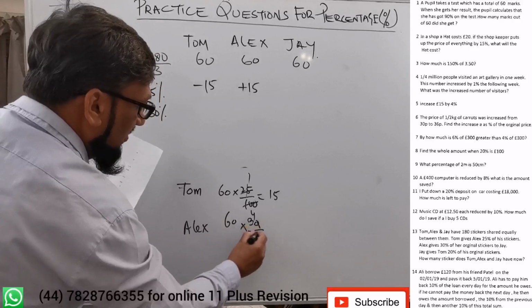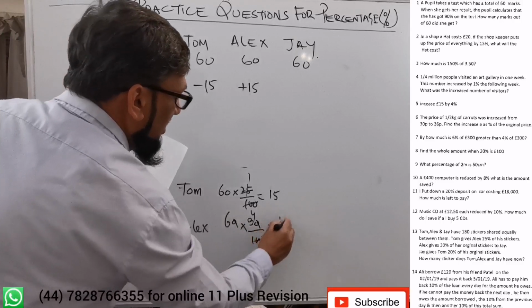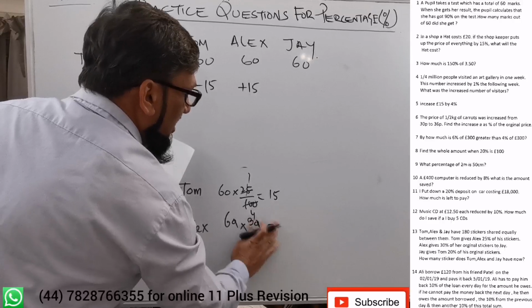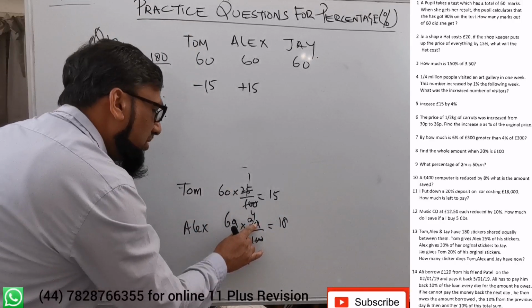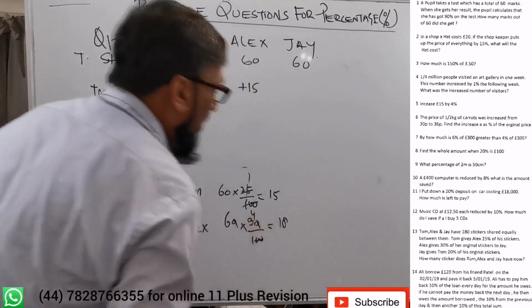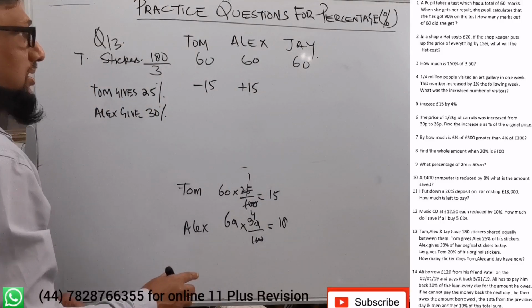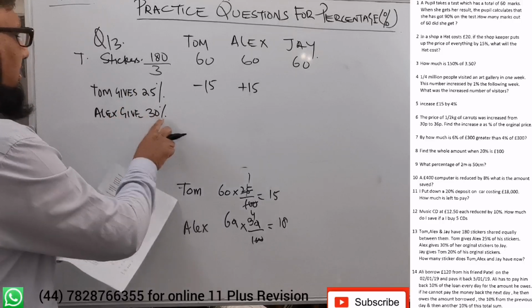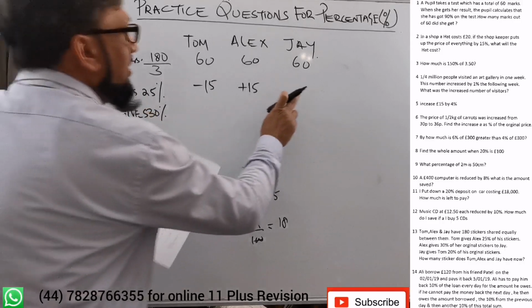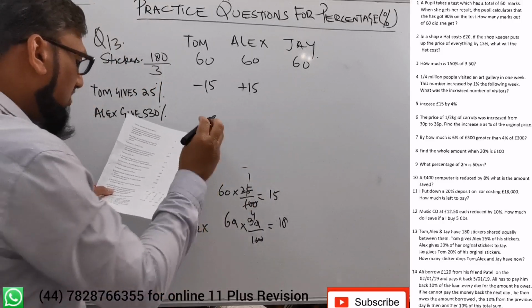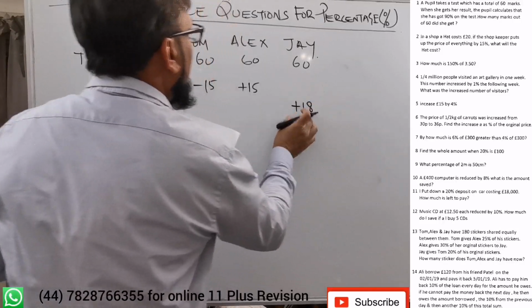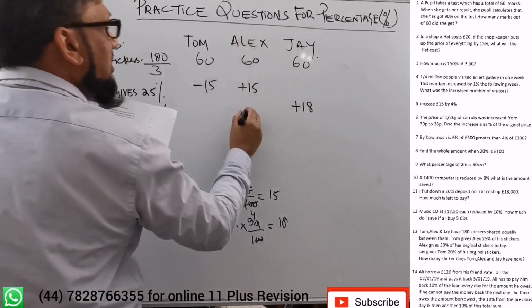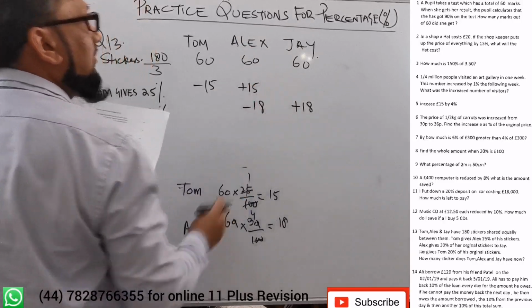This 0 cancels with this 0, 6 times 3 is 18 stickers. So 30% of 60 is equal to 18 stickers. So Alex gives to J, so J is getting 18 stickers from Alex. So it means minus 18 from Alex.